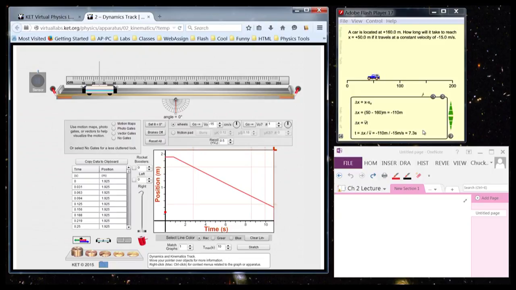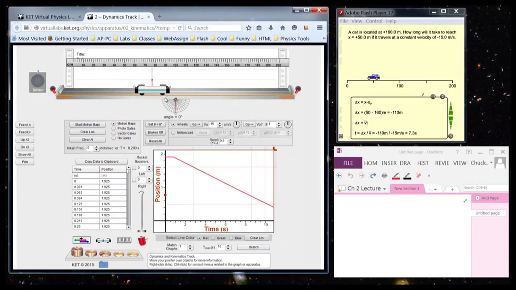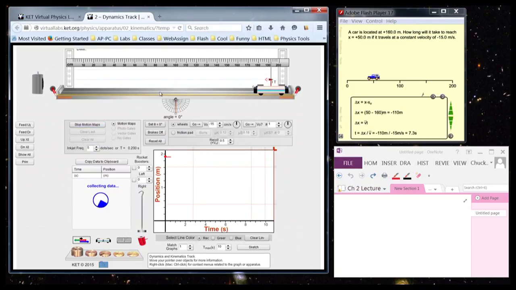Okay, now let me just show you one more thing about this system, which I can't remember if you'll see these, but you may see these in the future. We have something up here called motion maps, and they do a similar sort of thing. I'm going to turn on the maps and turn on the motion and send the thing on its merry way.